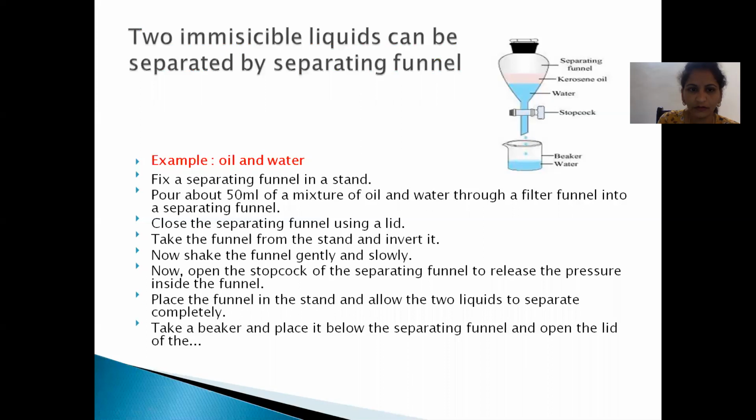Take a beaker and place it below the separating funnel and open the lid of the container. So there we can see that oil and water can be separated easily by using the technique called the separating funnel.